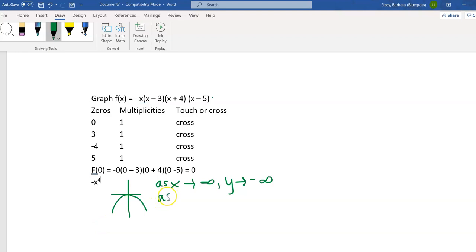So left is as x goes to negative infinity, and then down is again y goes to negative infinity. There's our end behavior. Now again, it's easier, I think, just to think about the picture as we draw our graph here in a few minutes. Now, maximum number of turning points is 1 less than our exponent here, so 3 possible turning points.